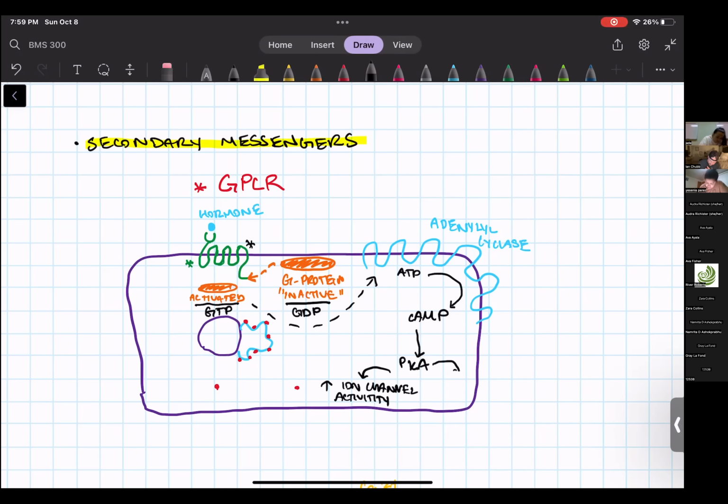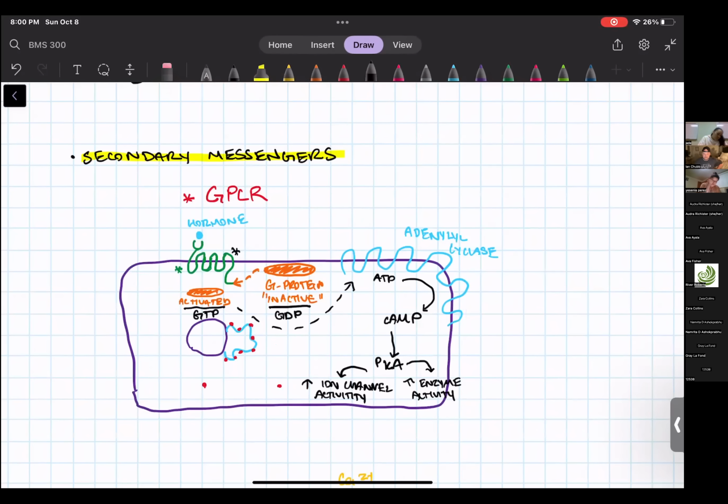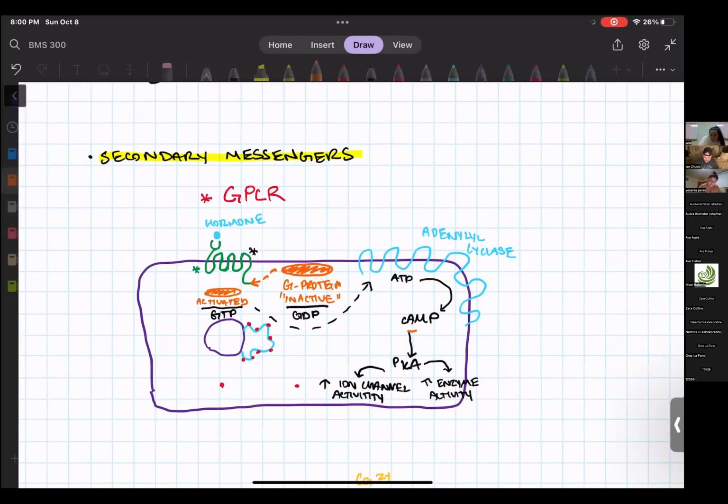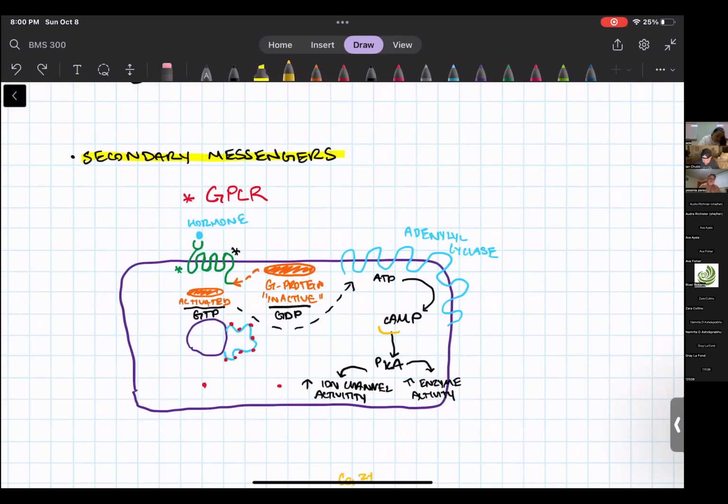And the other thing it will do is increase enzyme activity. So that's one of your first messengers, cAMP. cAMP is very important. When we get to the heart, you're going to talk a lot about cAMP, and it's all very incredible, but cAMP is great.